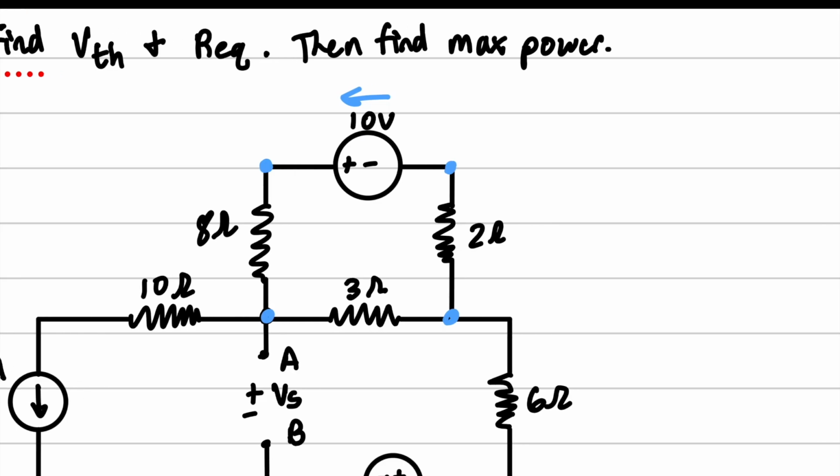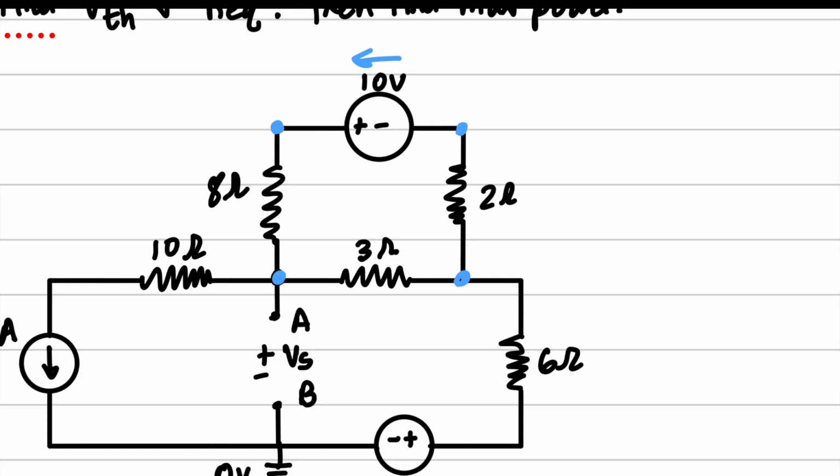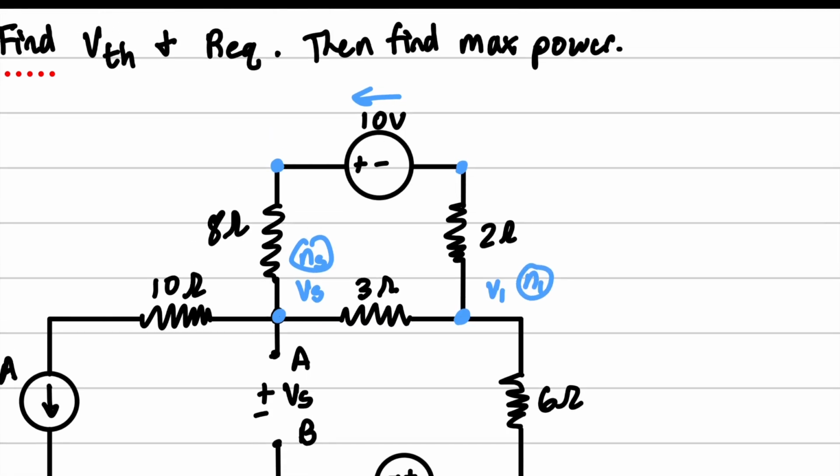The reason why we're going to do this is because it eliminates a variable. Rather than saying this is Vs, and then this is V1, and that's N1, and this is V2, actually, let me just call this V2, and I'll call this V3, so that we have the same number convention.